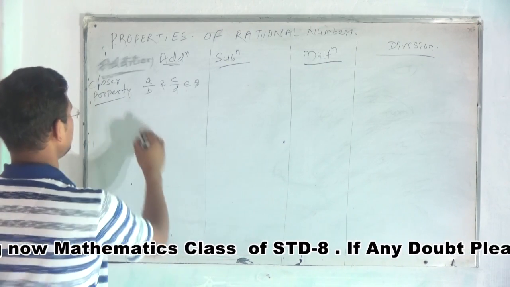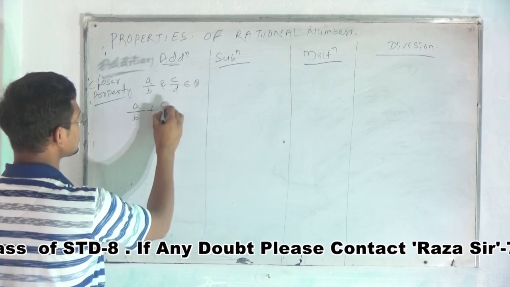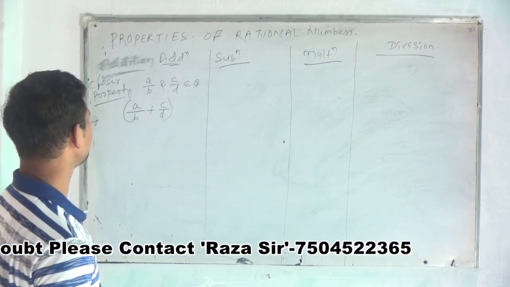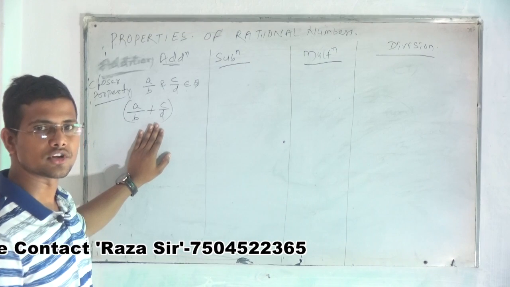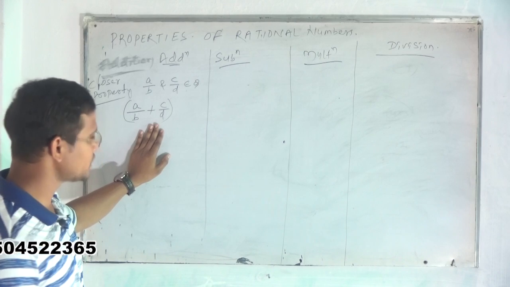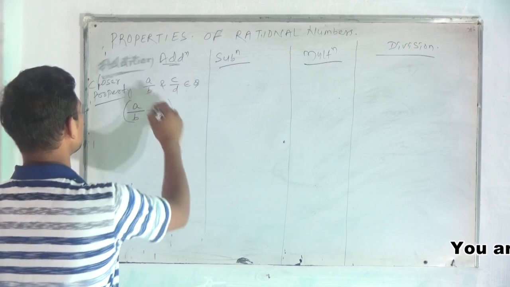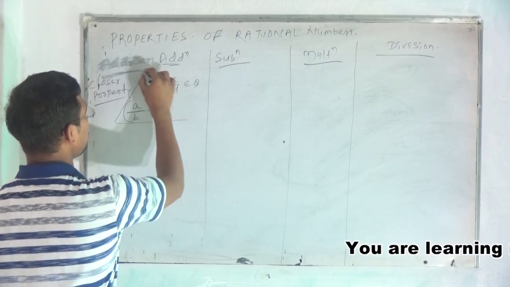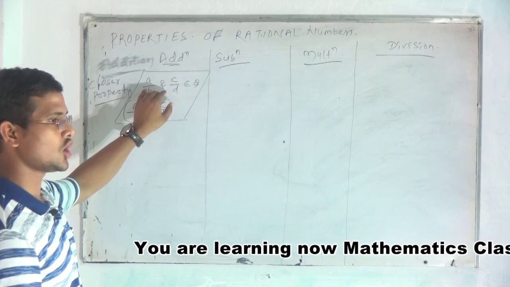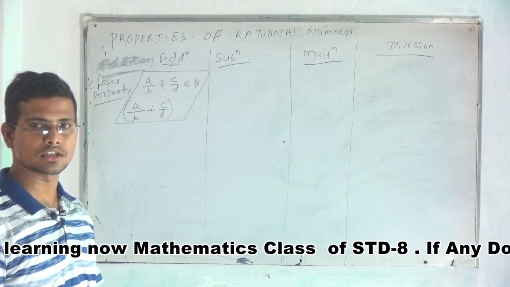If we add a by b plus c by d, we will also get a rational number. Understood? It's your closure property of addition of rational numbers. If there are two rational numbers, their sum is also a rational number.